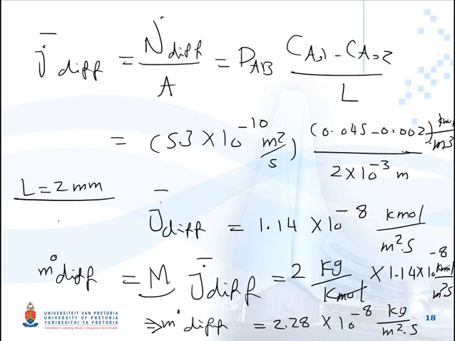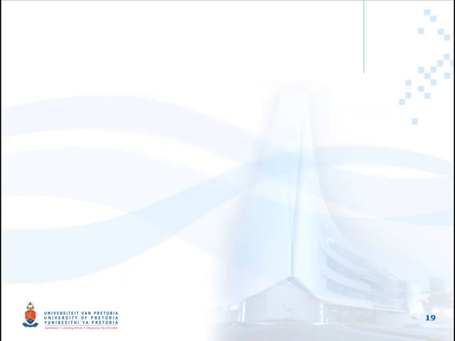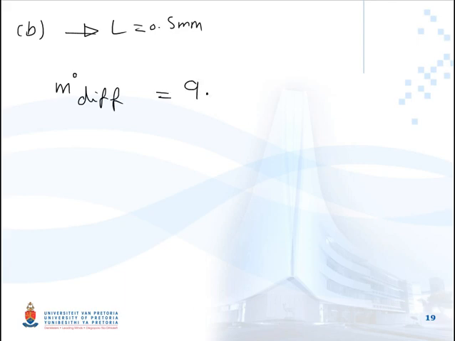looks nice, very simple. We found section A. Section B is saying to do everything the same, just change the L, in two different conditions, just the thickness of the membrane. So for B, when the membrane L is 0.5 meter, if we do exactly the same thing, m dot should be equal to 9.12 times 10 to the power of minus 8 gram per second.